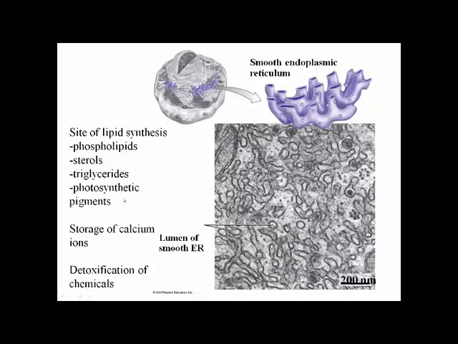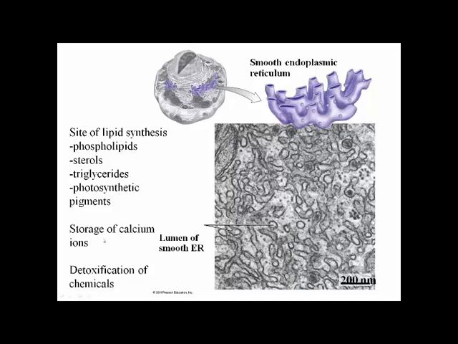These things are built by proteins, so they're not encoded in DNA directly. Instead, there are enzymes that build the different types of lipids from precursor molecules, and that all happens in the ER.